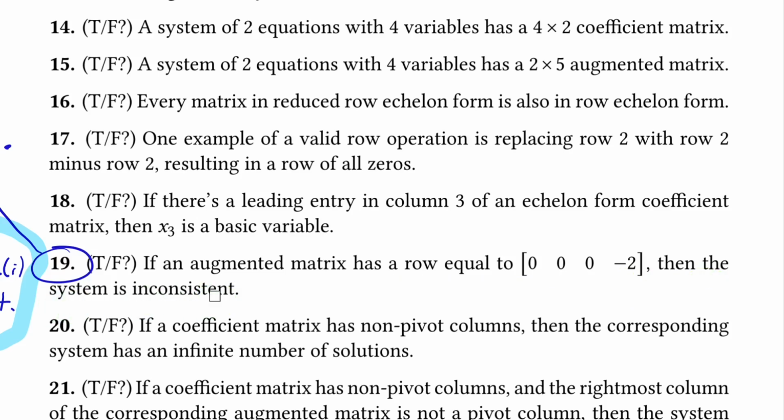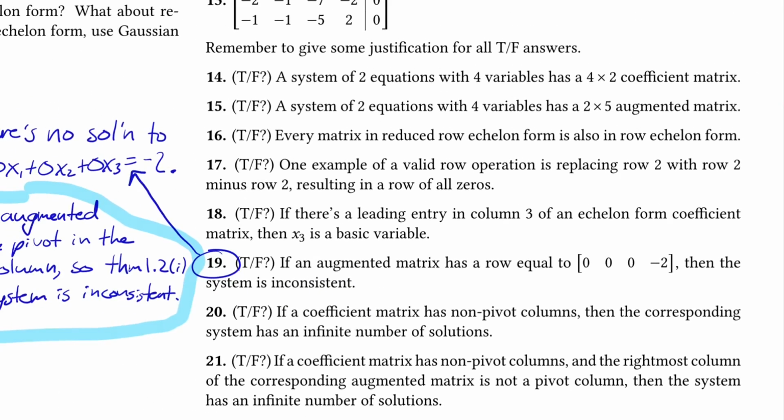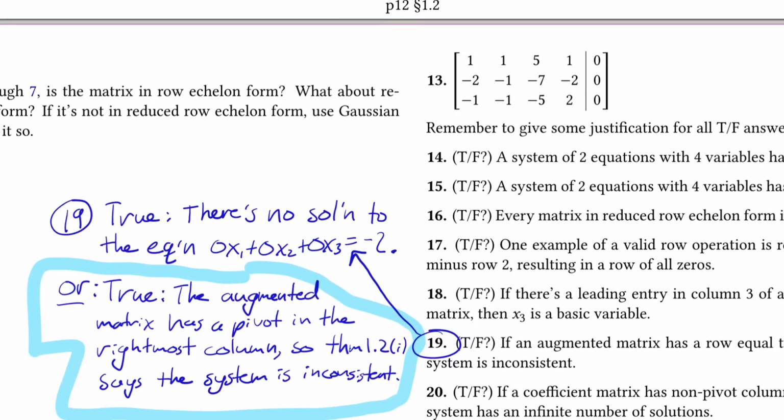Now, spoiler alert, this is true. The system is inconsistent because, well, one way to think of it is just thinking about what that equation means. It means 0 plus 0 plus 0 equals -2. So, yes, the system is inconsistent.